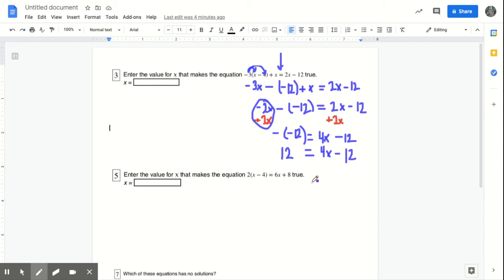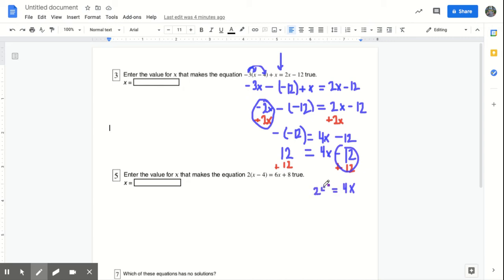From here, this is now just a two-step equation to solve. I want to undo any addition or subtraction first. So let's undo this minus 12 by adding 12 to both sides. On the right side, this is basically gone now, and I have 4x's equals 24.